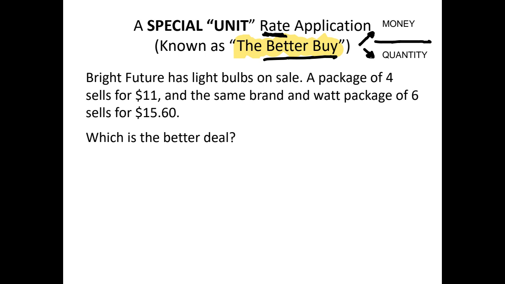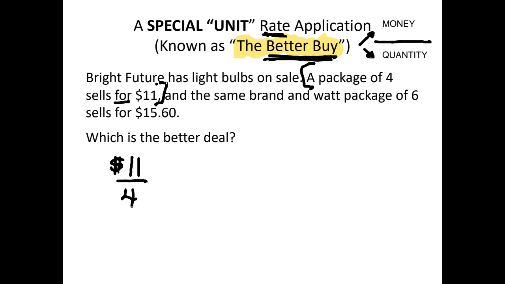Bright Future has light bulbs on sale. Wonderful. A package of 4 sells for $11. Well, right here, here's the word for, which is our preposition. But because this is a better buy, it is written $11 over 4. Money over quantity.